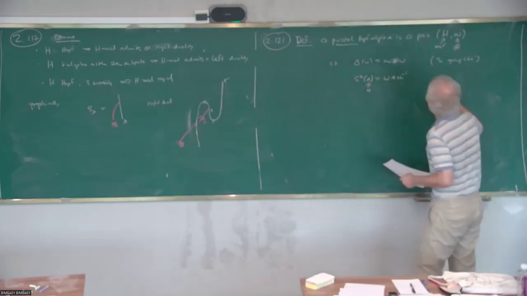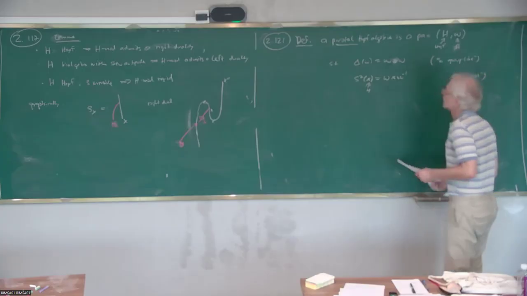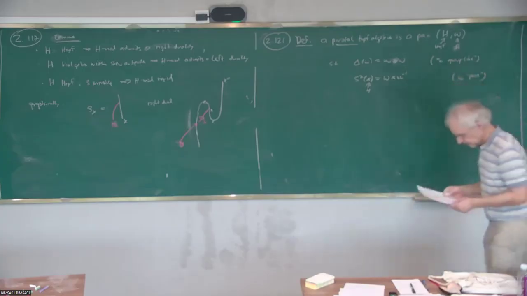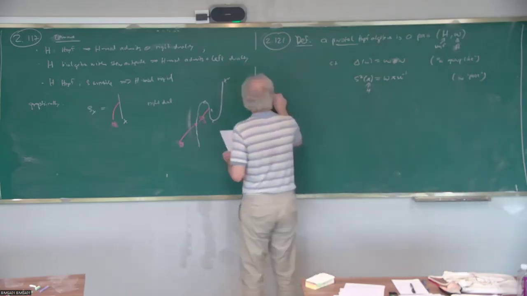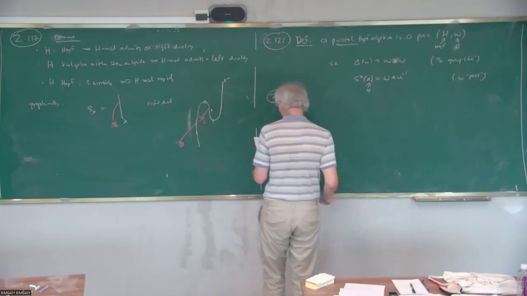And then omega is called a pivot of the algebra, as you would expect, otherwise one would not use this terminology.